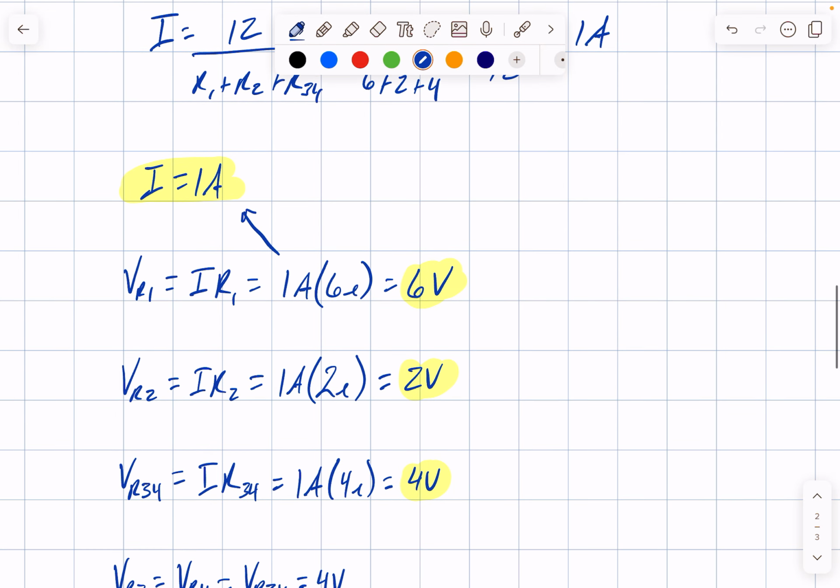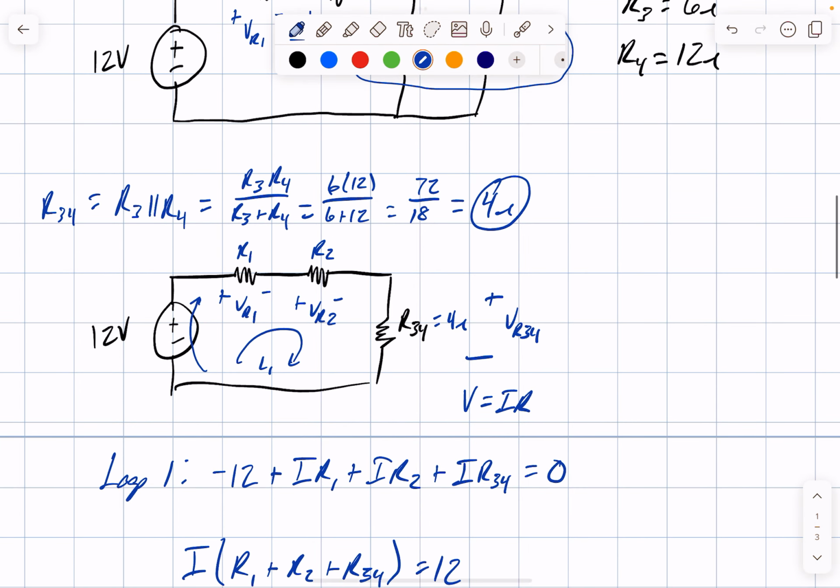Now you may be wondering, how can I check to know if these values are right for the voltage drops? Well, let's look at the circuit here. We know that the input voltage of the circuit, the voltage source, is 12 volts, and our ground is the bottom node here.